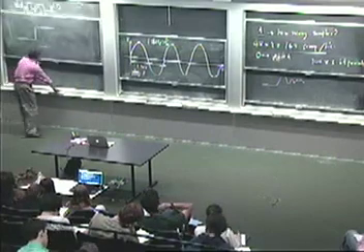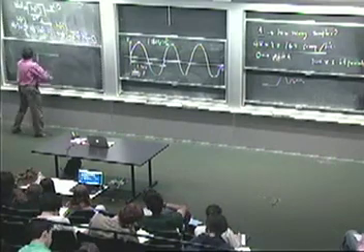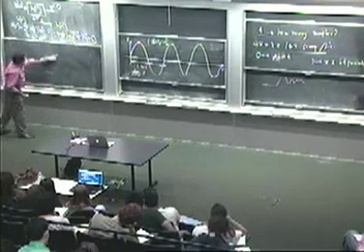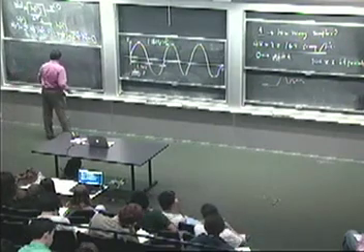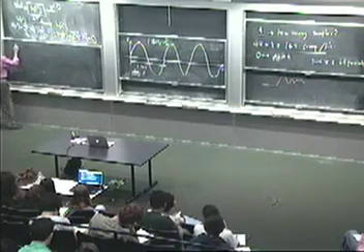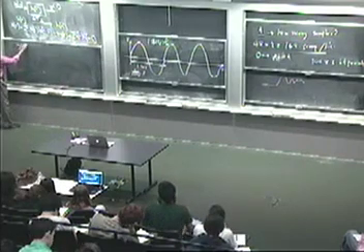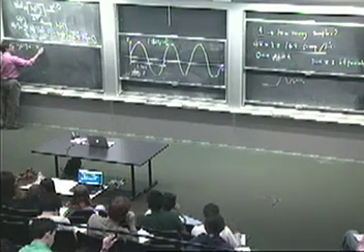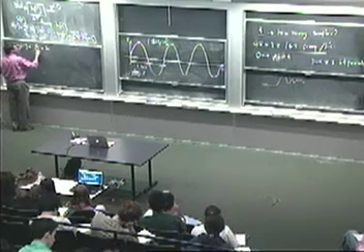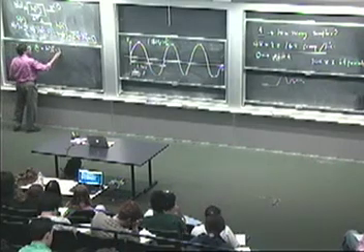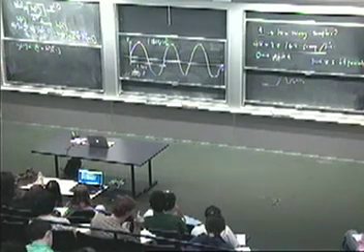So what I want to do in the rest of the lecture is give you some other ways to think about this. Our notation for this was y of n equals x convolved with h evaluated at time n, right?